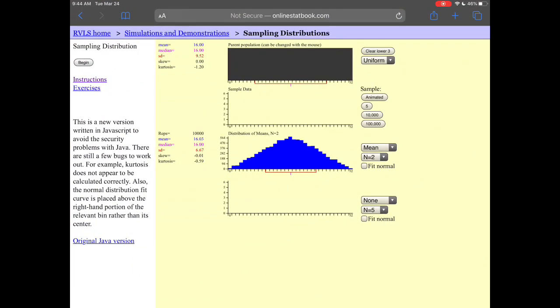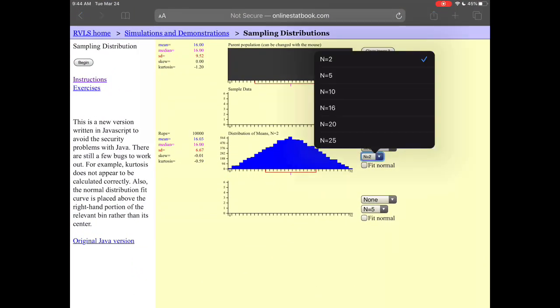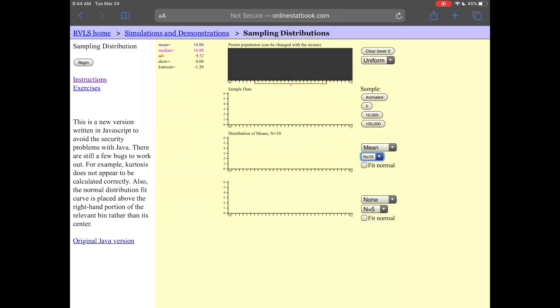Then for sample size n equal 10, we'll select that. We have to again push the button for 10,000. And notice what happened here. We still have approximately bell-shaped, but the distribution is not as wide.